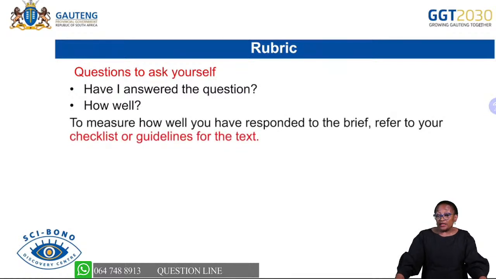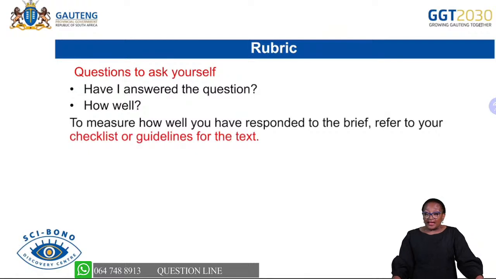To measure how well you have responded to the brief, you've got to refer to your checklist, which I believe by now you are familiar with, the checklists of different transactional texts, as well as the guidelines for the text. So those are the two aspects that you've got to refer to, the checklist or the guidelines for the text.